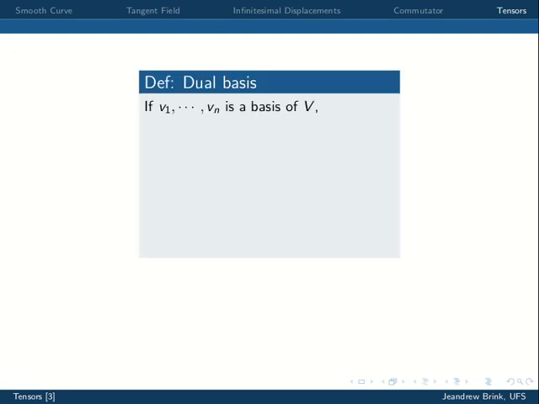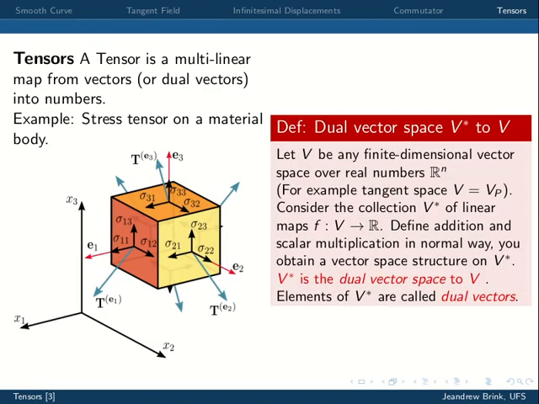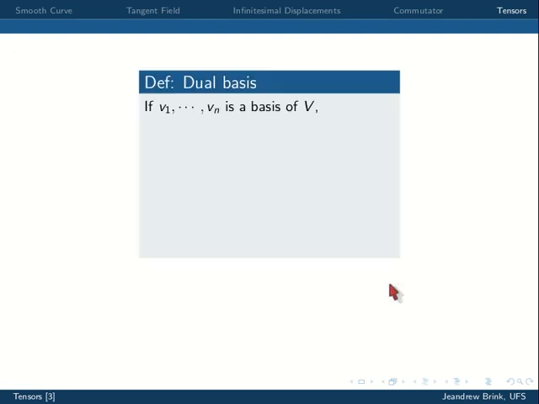And your dual vector basis, this is where it comes in. Because this thing is a vector space, you can make up your dual vector basis in the following way. You basically make up the basis of your dual vector space from the basis of your vector space.